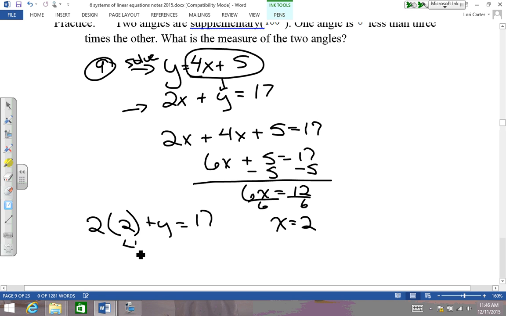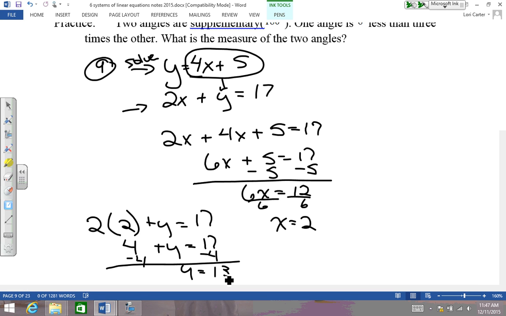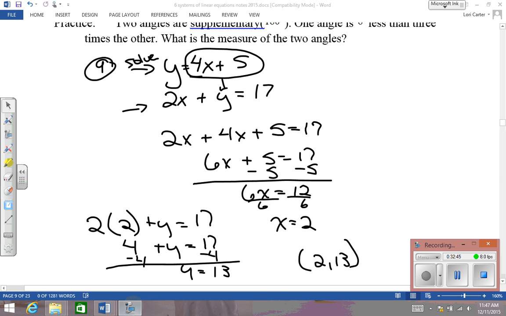I did it easier on the other one. So it would be 4 plus y equals 17. Yep. So y equals 13. Am I done now? Yes. No, you need to put it in points. Okay, what's my point? 2 comma 13. 2, 13.